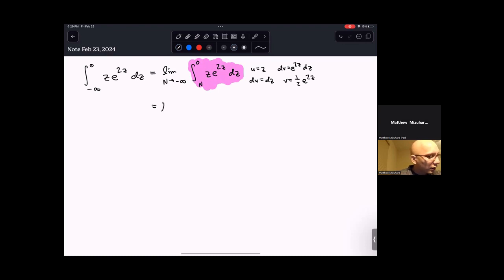Okay, so now carry my limit with me. This integral can be written as uv, so 1/2 z e to the 2z, minus the integral of v du, so that's minus 1/2 e to the 2z dz. And I'll just carry along to remind myself I'm going from z equals n up to 0.